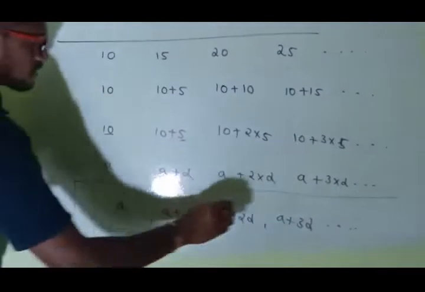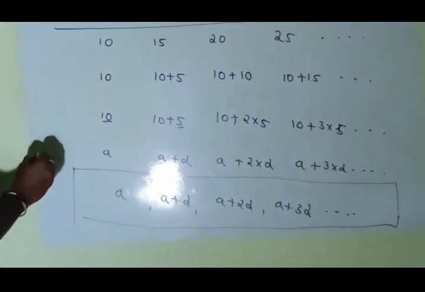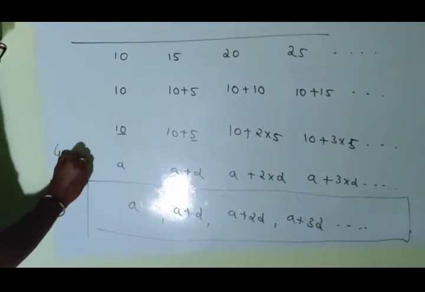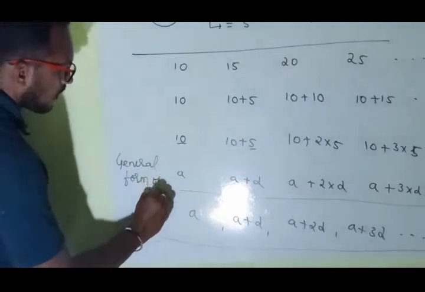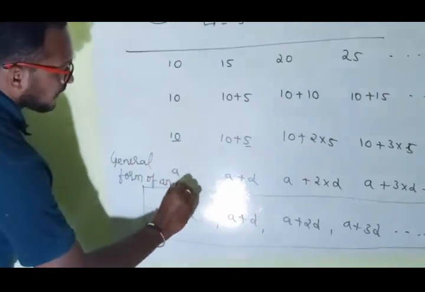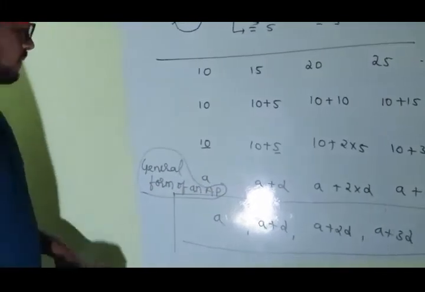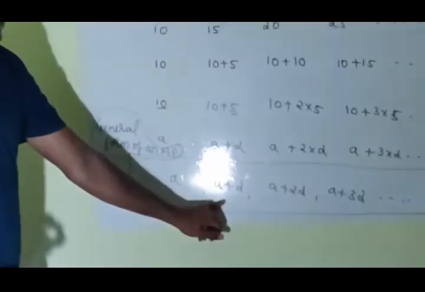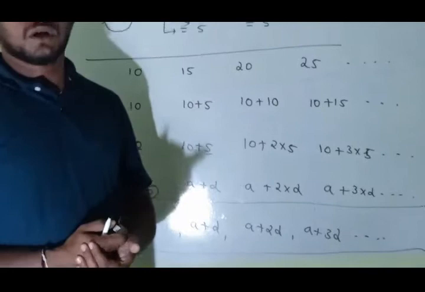So this expression is called the general form of an AP. Keep this in your mind. What is the general form of an AP? The general form of an AP is A, A plus D, A plus 2D, A plus 3D and so on.